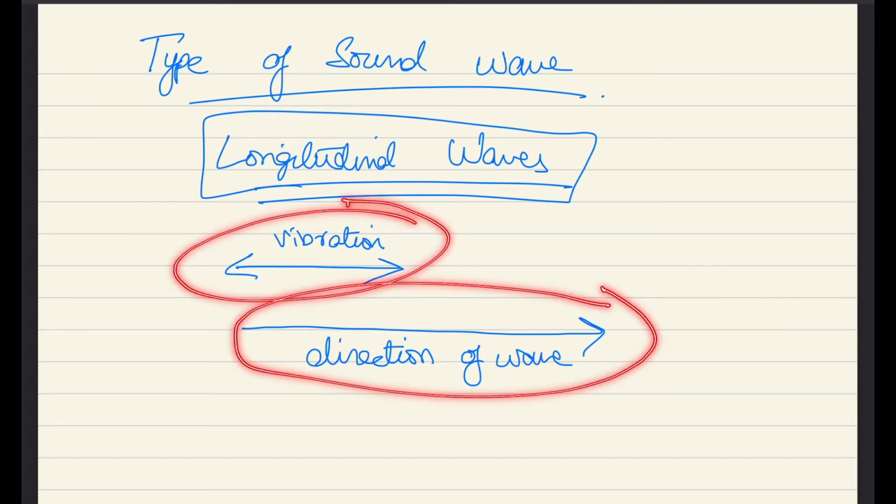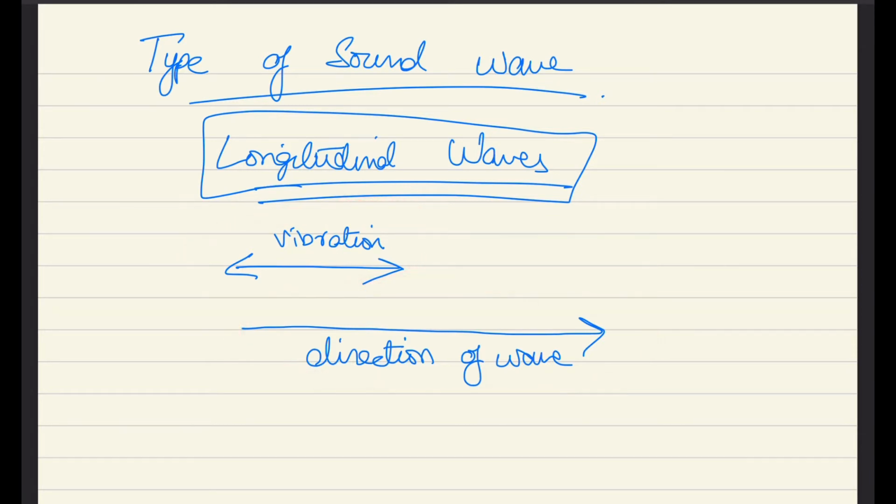In such cases, the waves that are produced are called longitudinal waves, and in those longitudinal waves we see the compressions and rarefactions.